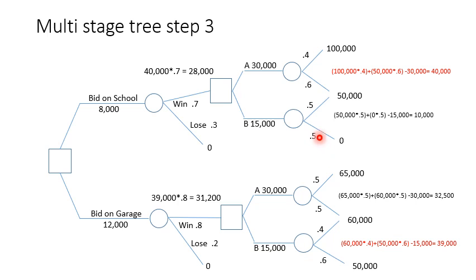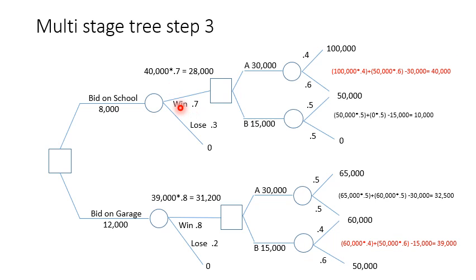So now we're going to keep working from right to left. So here again, we don't care about this track anymore, and we don't care about this track anymore. Okay, these no longer are of interest to me. I'm only going to look at this track right here. So I've got a value of $40,000.